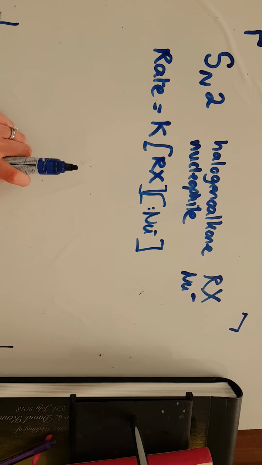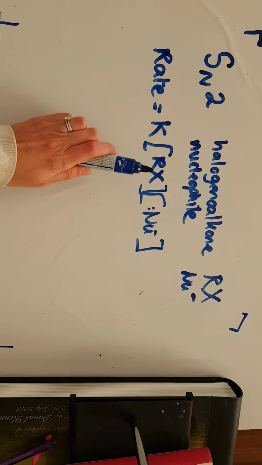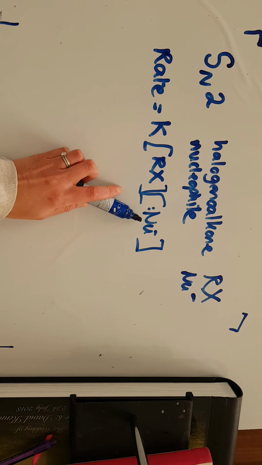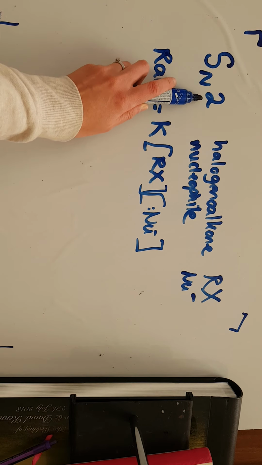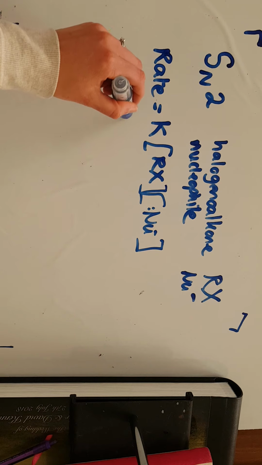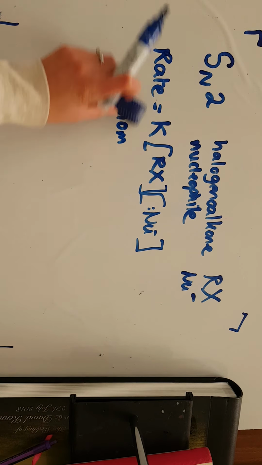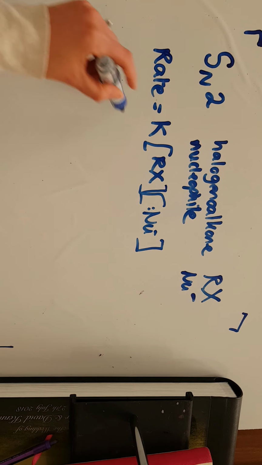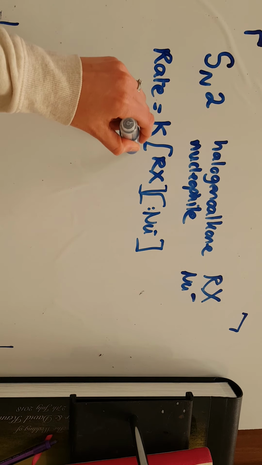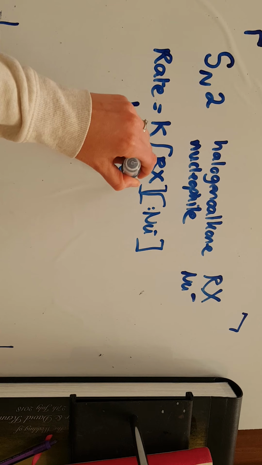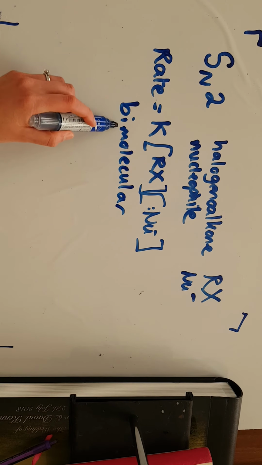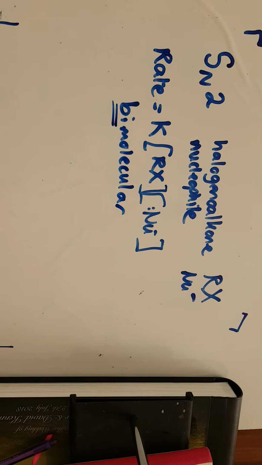So what you can see is that there are two species in the rate equation, hence the number 2, and we can say that this is bimolecular, meaning two species are responsible for that rate.